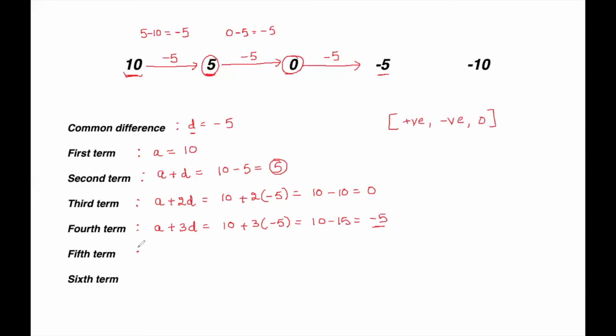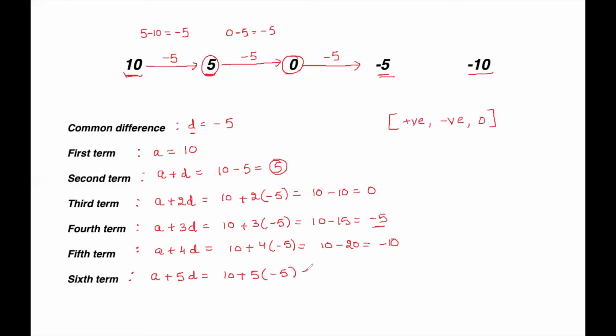Okay, so the fifth term will be equal to a plus 4d, that is equals to 10 plus 4 into minus 5, that is equals to 10 minus 20 equals to minus 10. Okay, so we have completed the series till here. Now what if I say I need to find the sixth term? So we know that the sixth term is equals to a plus 5d, right? What is a? 10 plus 5 into what is common difference?